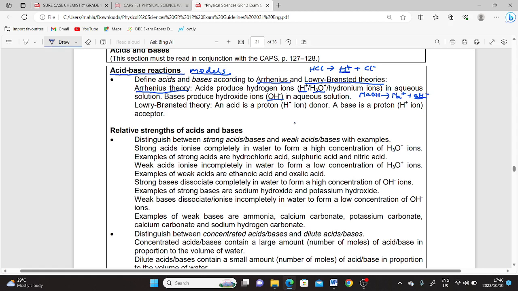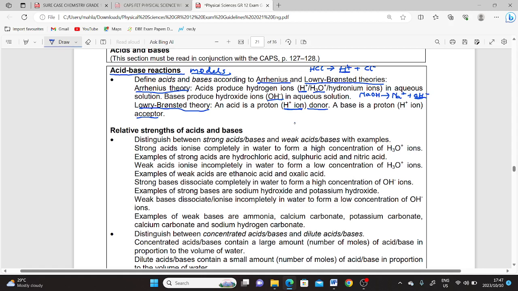Then the Lowry-Bronsted theory is saying an acid is a proton donor. What do you mean by proton? It is a hydrogen ion, which is donated by a proton donor. A base is a proton acceptor. So Lowry-Bronsted explains with the transfer of hydrogen ions only.